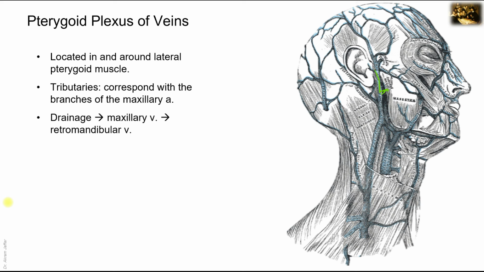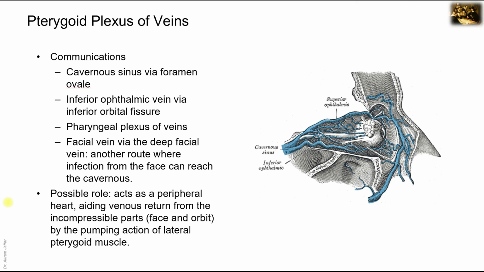This is the retromandibular vein located behind the mandible. So here's the maxillary vein that accompanies part of the maxillary artery and is located deep to the neck of the mandible. It drains this pterygoid venous plexus. This plexus has important communications.